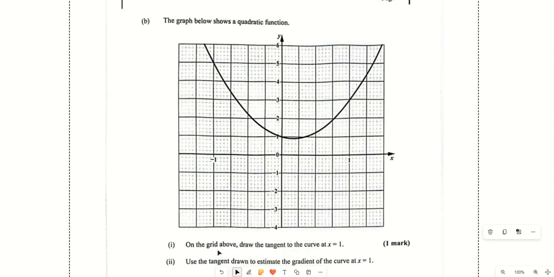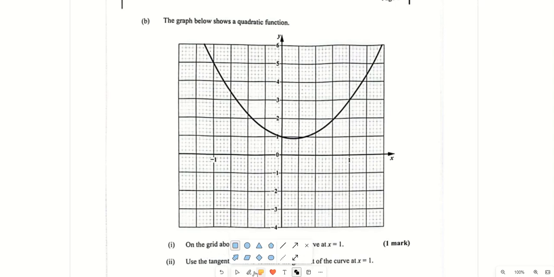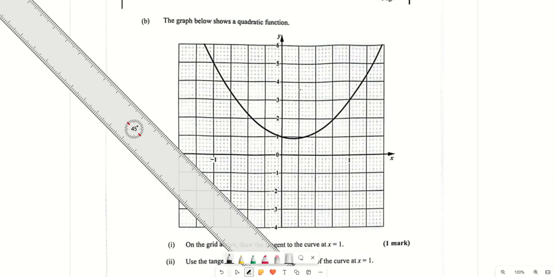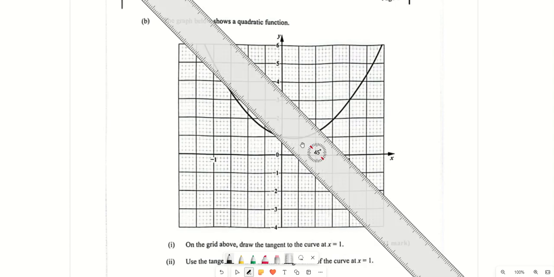So let's see, on the grid below, draw a tangent line. So we want, let's bring up my ruler here.